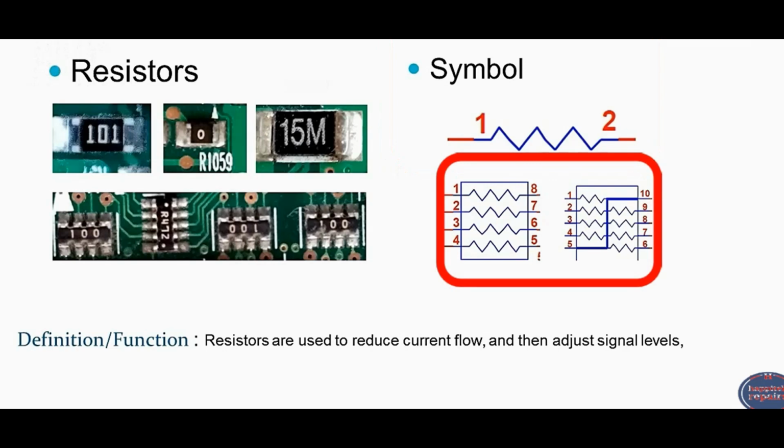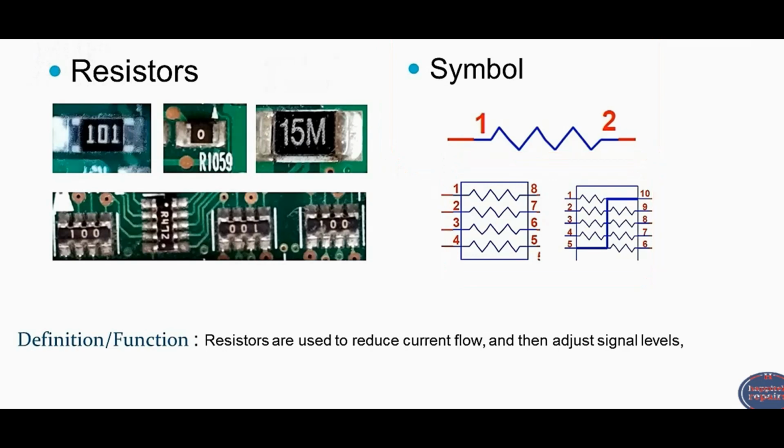We use the network resistor in order to gain space in the motherboard. Instead of installing many resistors, you can use just one. We call it a network resistor in order to gain more space in the motherboard. That's why we use network resistors.